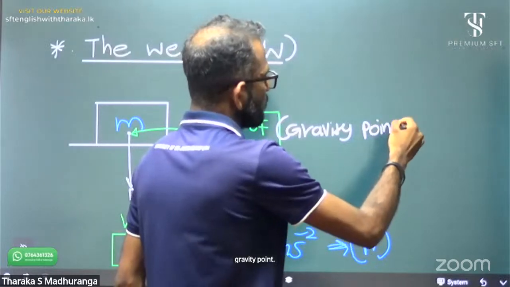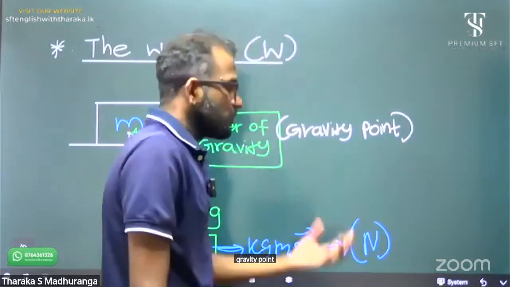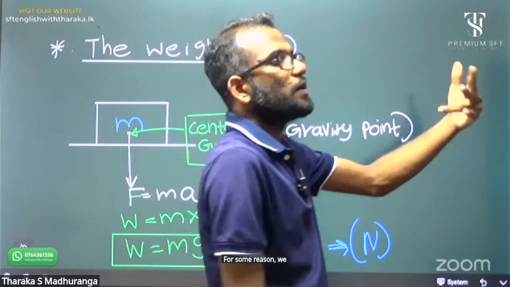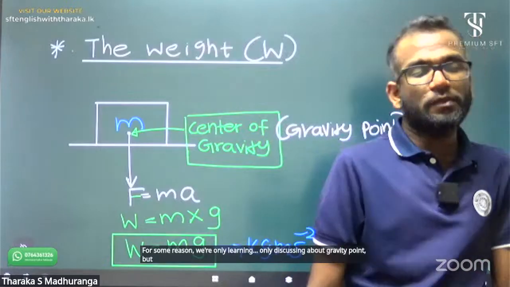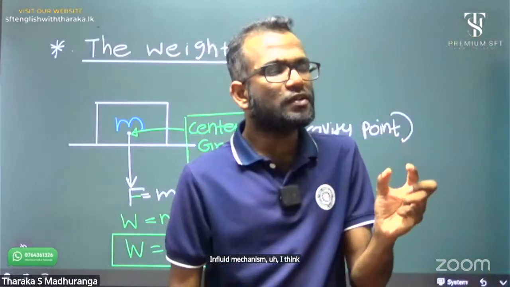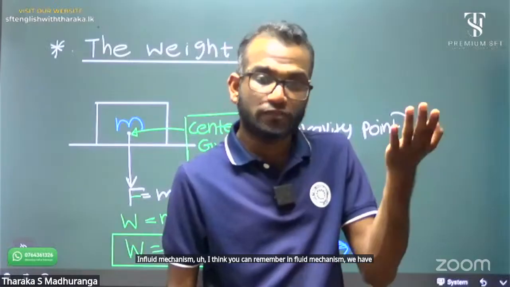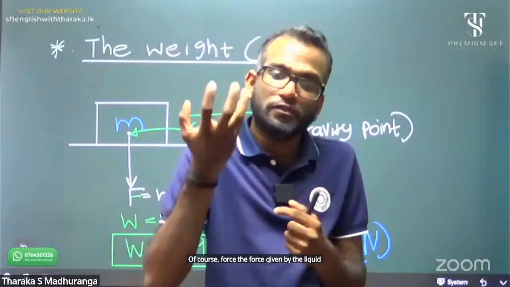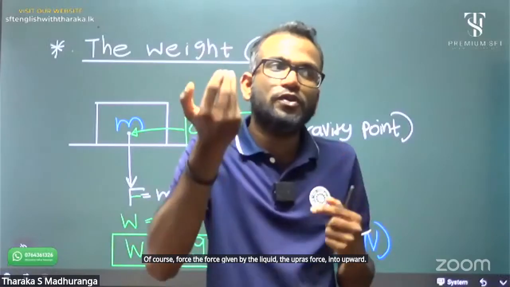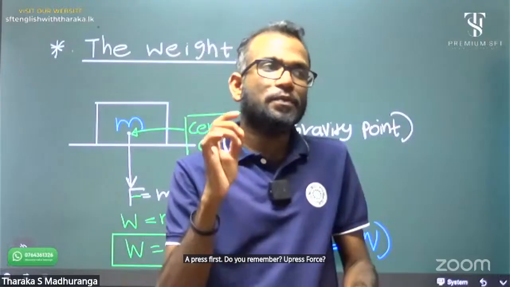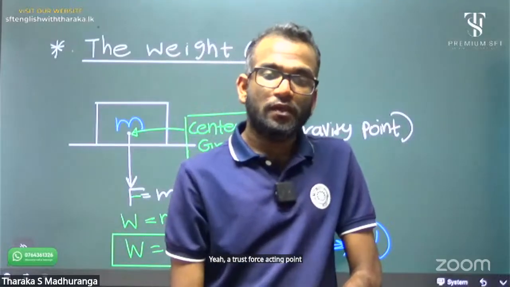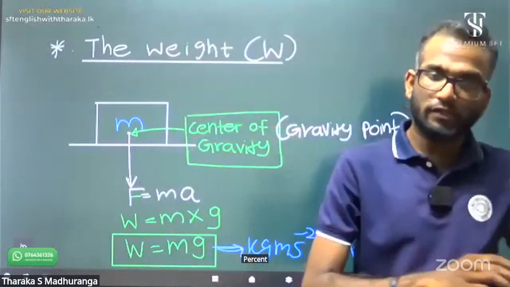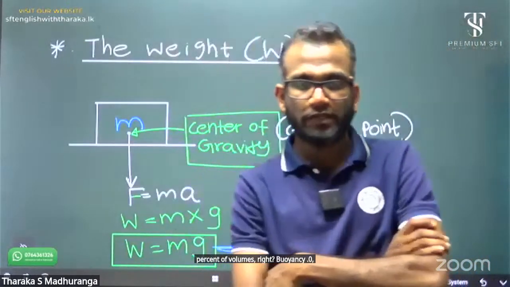In the first lesson, we are only discussing the gravity point, but in future lessons, in fluid mechanics, I think you can remember we have the upthrust force, the force given by the liquid upward. The upthrust force acting point also has a name, that we call the buoyancy point or center of buoyancy.